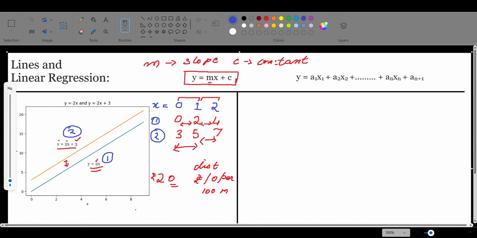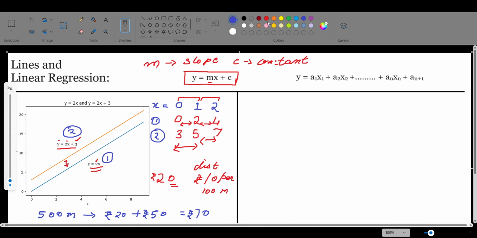Let's say somebody rode a rickshaw for 500 meters. That would be rupees 20, which is the base, plus the rate for the rickshaw moving 500 meters. If it's 10 rupees per 100 meters, you would have to pay 50 rupees. So this is equal to 70 rupees.